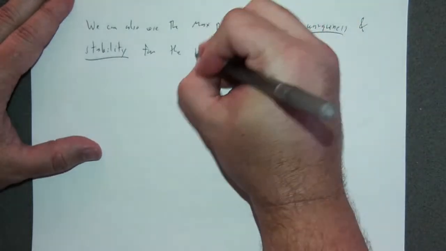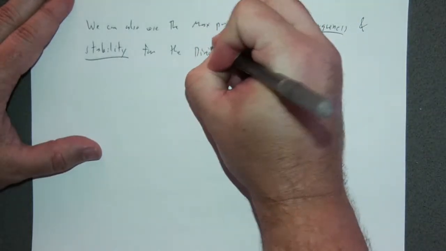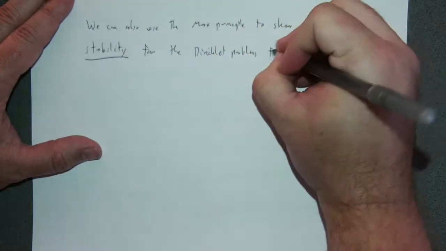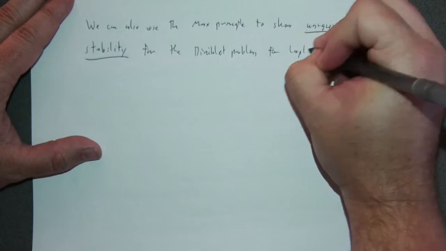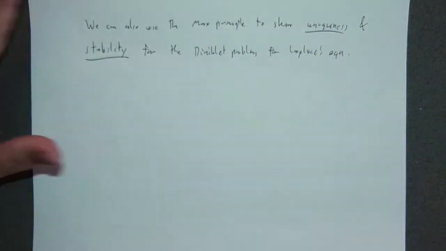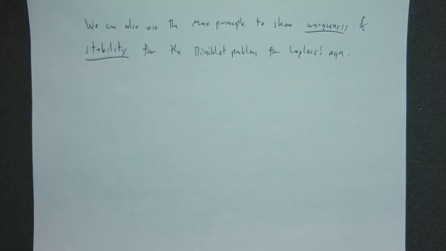So for the Dirichlet problems for Laplace's equation. Well, if you're keeping count, uniqueness, stability, that's 2 out of 3 for well-posedness. So the only other thing I need there is existence, which I won't be able to do until later when we show how to generate solutions to this.